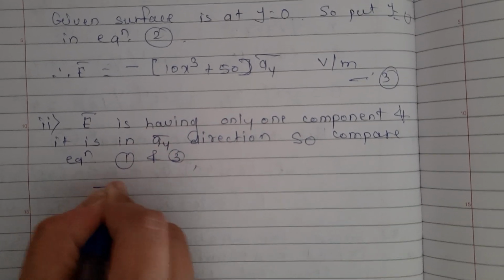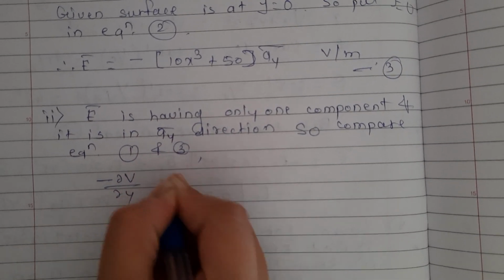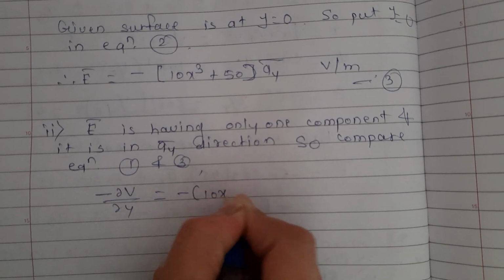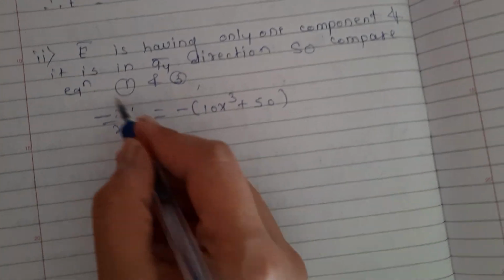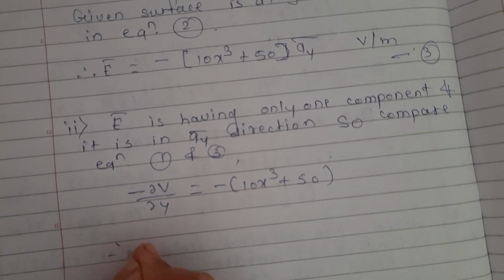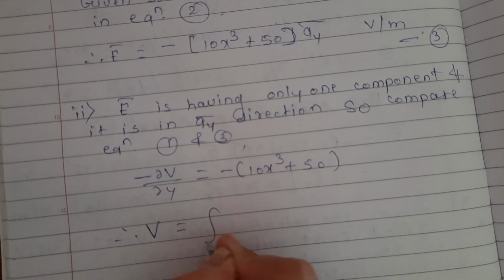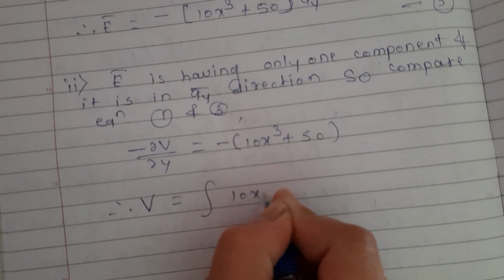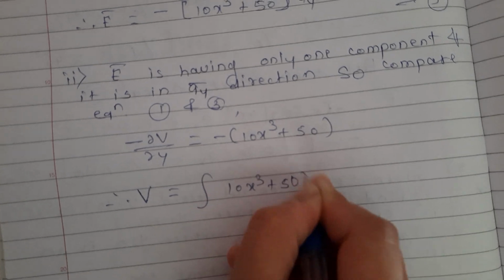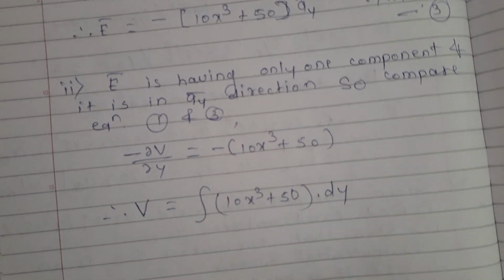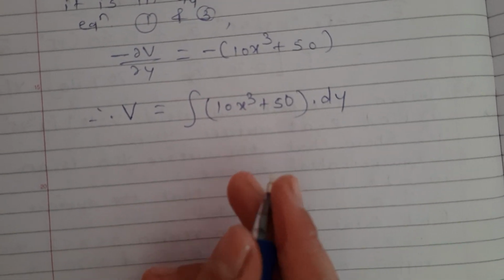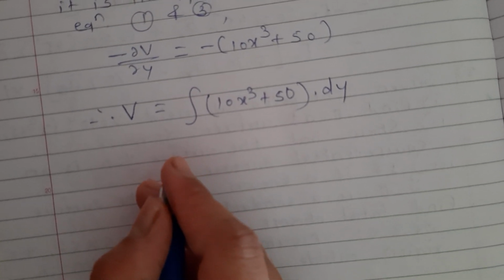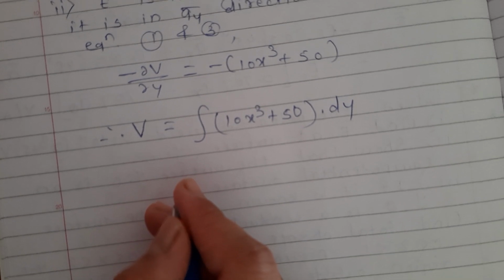We get minus dV by dy is equal to minus of 10x cube plus 50. Now to calculate the equation for V, we have to take the integration. So V is equal to the integration of 10x cube plus 50 into dy.